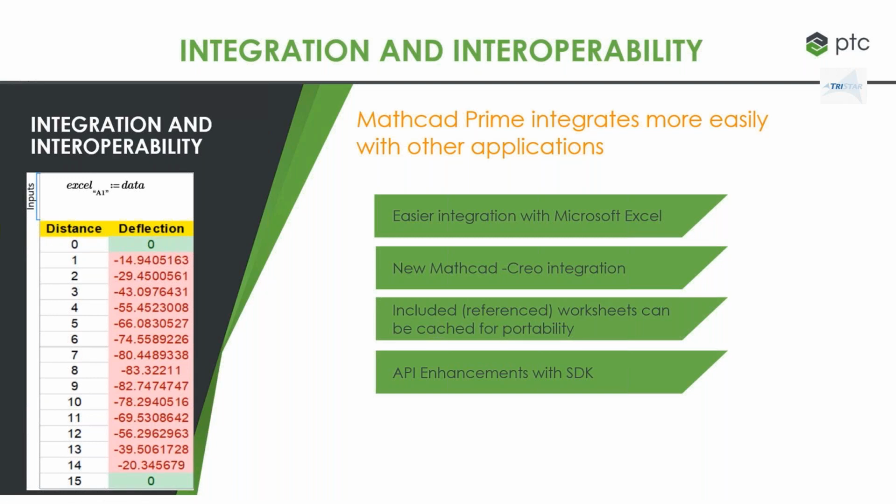You cannot use Mathcad 15.4. And what it does is it almost embeds the notebook within Creo, so you can use the engineering math to help drive your CAD designs. Okay, and we have the API enhancements that are included along with the guide in Prime 7.